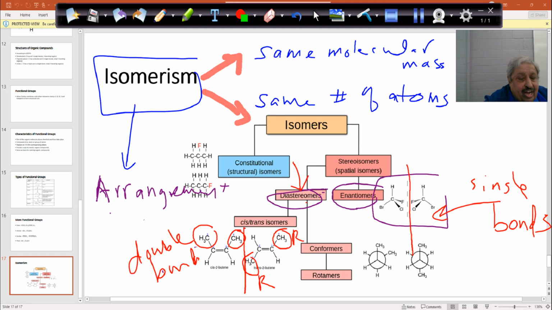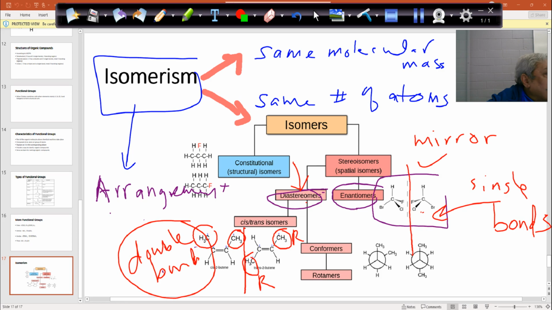Now, cis and trans are always related to what? A double bond. You cannot have cis and trans with a single bond. Are you following me here? Because then you'll be trapped into mirror images of each other. Put a mirror in between, and you see the other one inside the mirror.